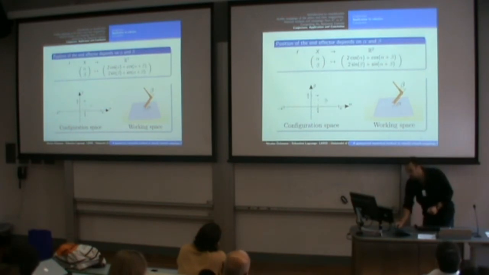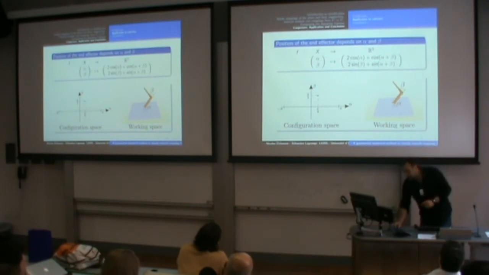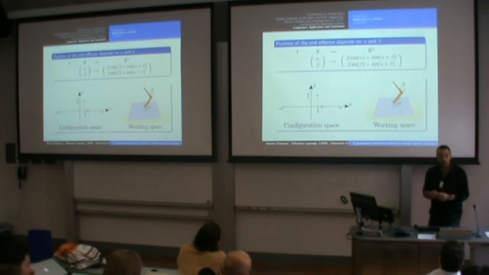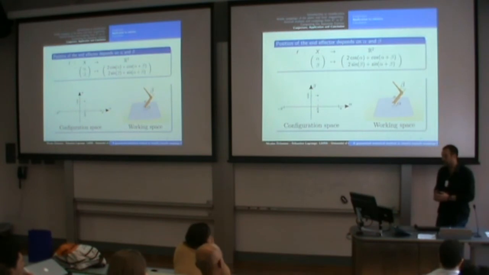This is the configuration space. So this map is a way to understand the robot. But the roboticist can consider different coordinates in the configuration set or different coordinates for the working space.